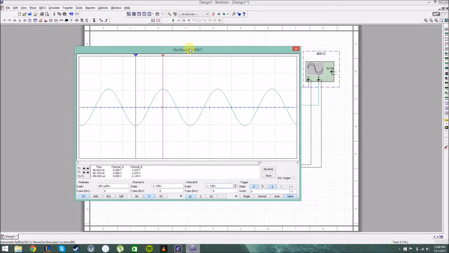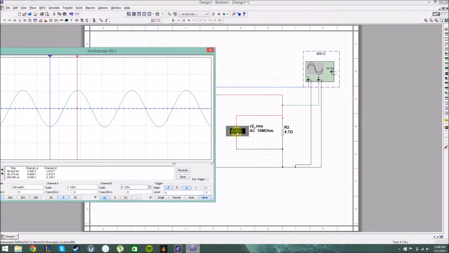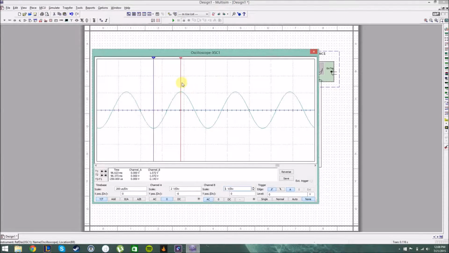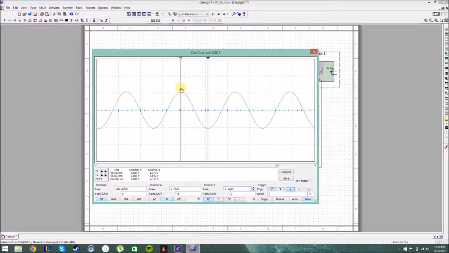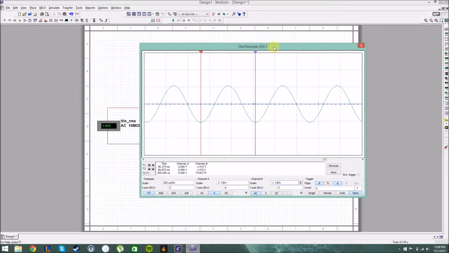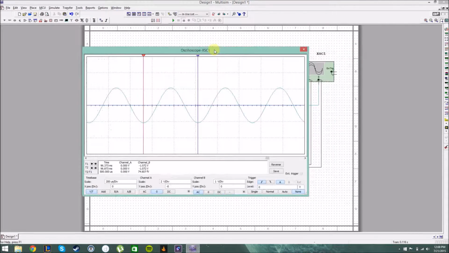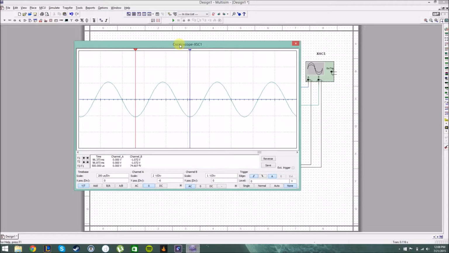Our VRMS is 0.758, and the period is 74.7 or 607. Then the frequency has to be calculated on the calculator. After that calculation, we're going to have Louis and Brad do the old school and new school way on the breadboard.